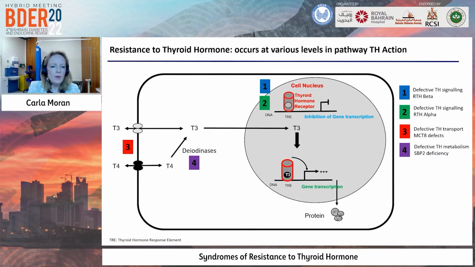And there can be abnormalities in thyroid hormone metabolism, and most commonly, this is selenoprotein deficiency. For the purposes of this talk, I'll talk about the syndromes indicated here as 1, 2, and 3, and I won't cover selenoprotein deficiency because it is exceptionally rare.